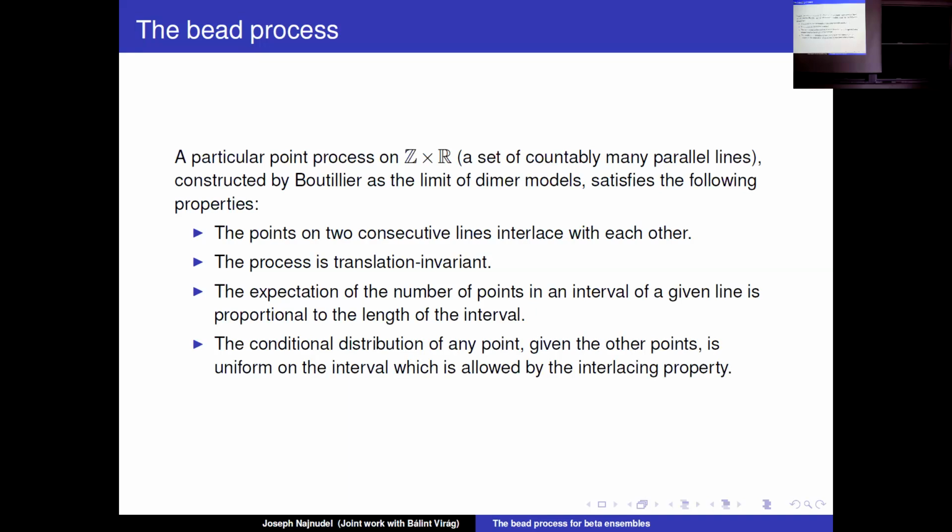So if we know that there is one point in some area of the lines, then there is a limited domain because of the interlacing, and you have a uniformity of the conditional distribution.